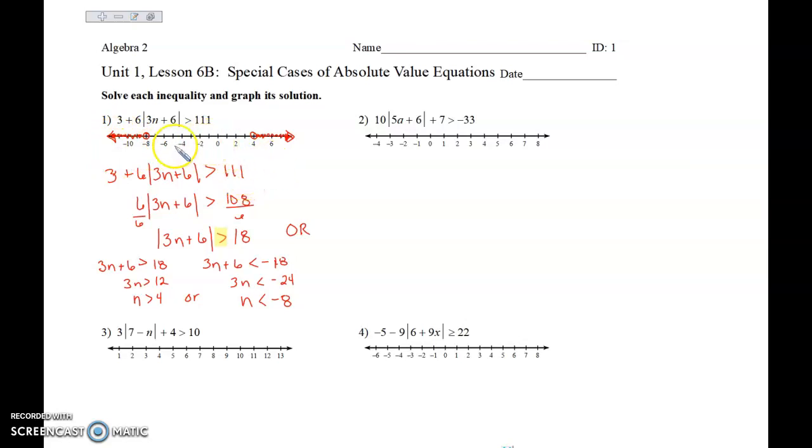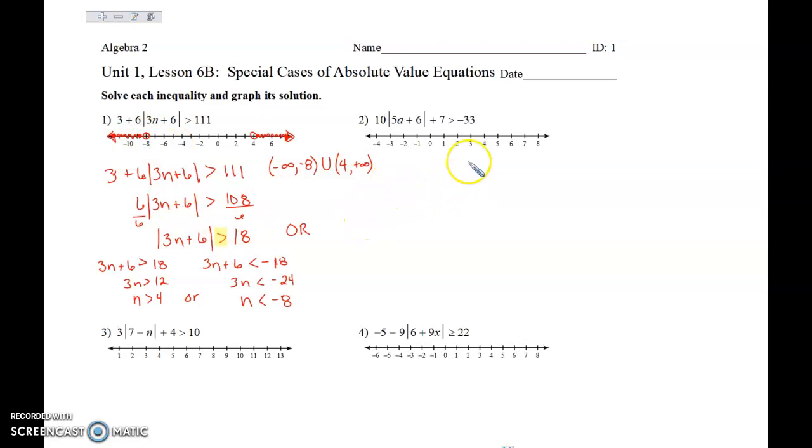This is an or, it's what it came out to be, so you can use your interval notation to write down your answer also. So you would have negative infinity to negative 8, union with 4 to positive infinity. And these would be all parentheses because you have open circles, not equal to.